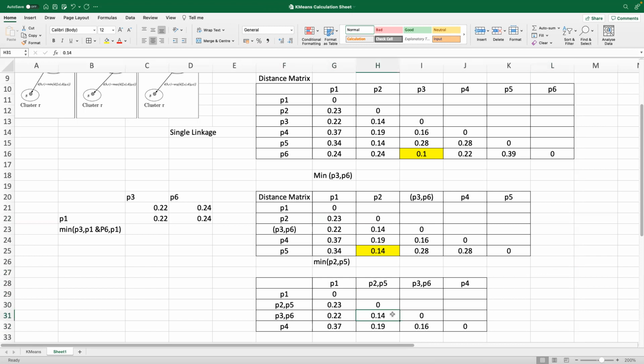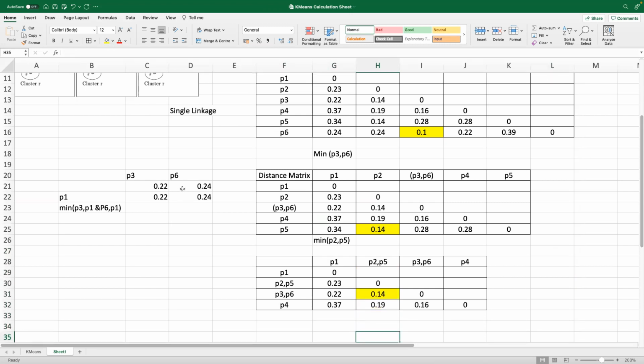This is the lowest. So we are combining P2, P5 and P3, P6 into one.